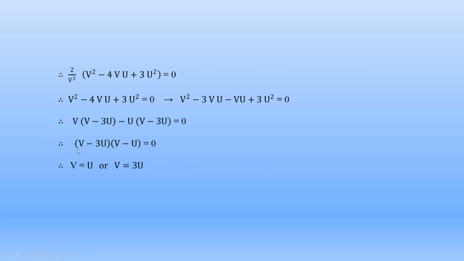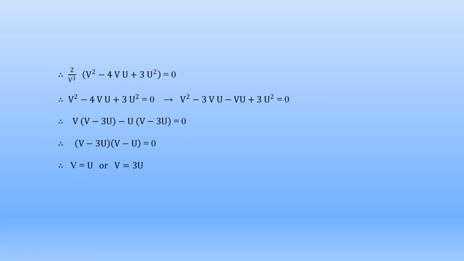From this you have two results for the maximum efficiency. One is v is equal to u. Next one is v is equal to 3u. So for these two conditions, when v is equal to u, efficiency is maximum, and also for v is equal to 3u, efficiency is maximum.